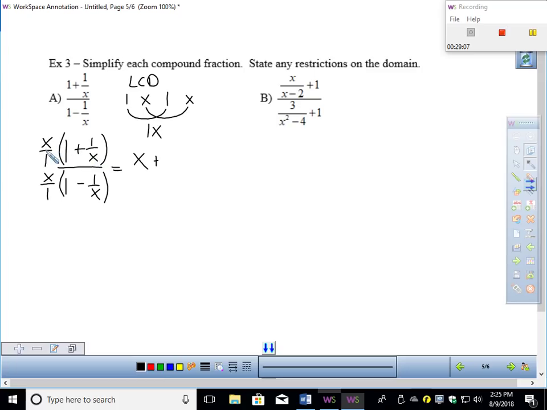Well, what happens when I do multiplication? What happens to this x and this x? Well, as we hopefully do remember, multiplying these fractions together, this should cancel out with that. These two go away. They're gone. And then I'm really just left with this 1 right here. And I hope you kind of see that piece. When I multiply x by 1 over x, these cancel, and I'm left with that.